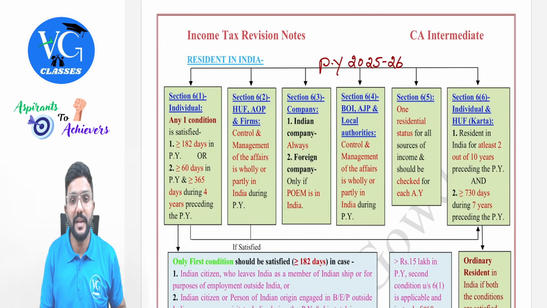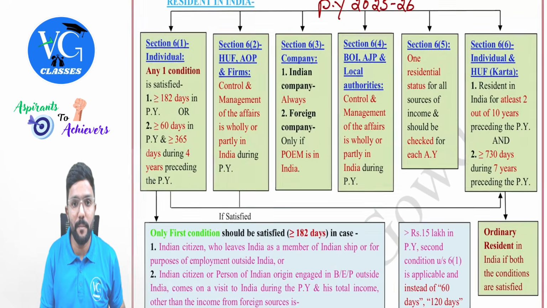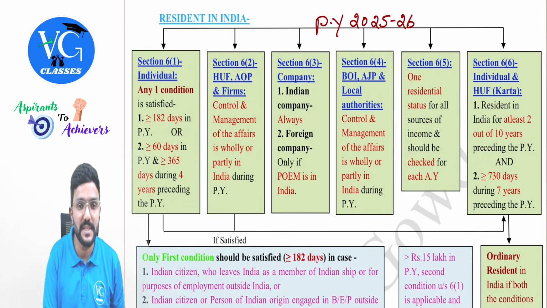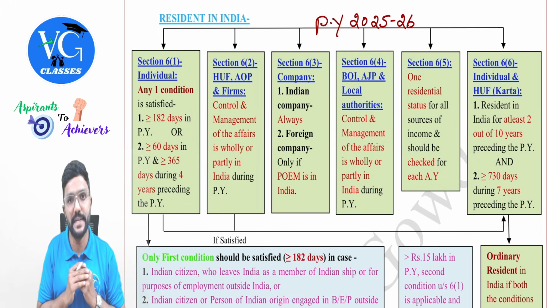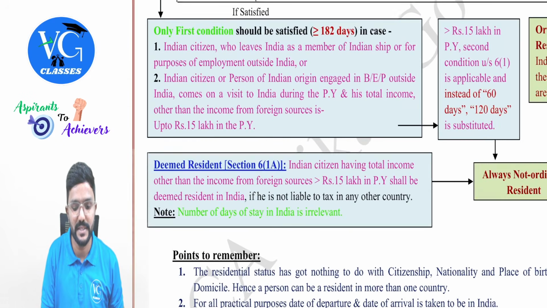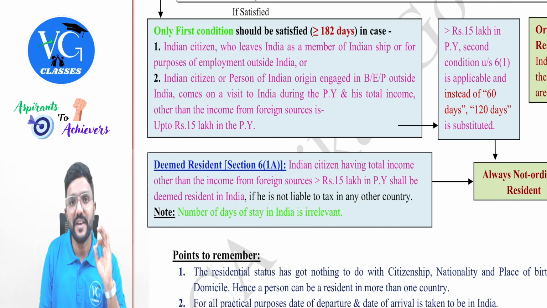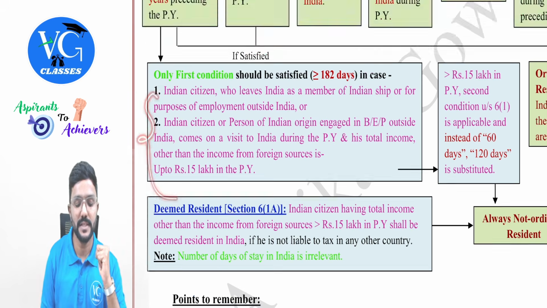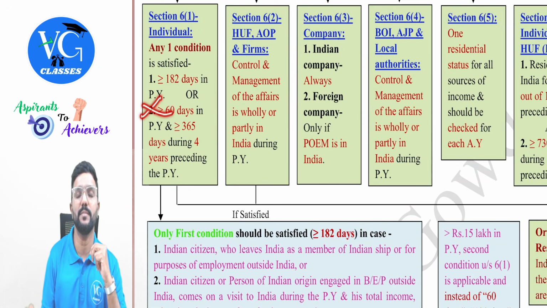Fine. So we learned that if any one of the basic condition is satisfied under section 6(1), then they would become resident. But there are two special cases which are given in the explanation, guys. This is the content given in the explanation. So these are the two special cases where only the first condition is applicable. That means in the following two cases, the second condition won't be applicable.